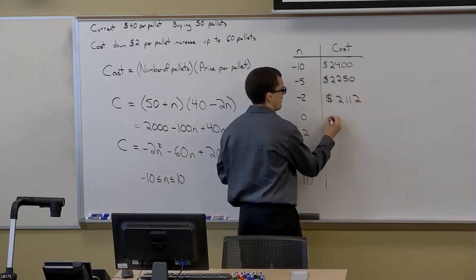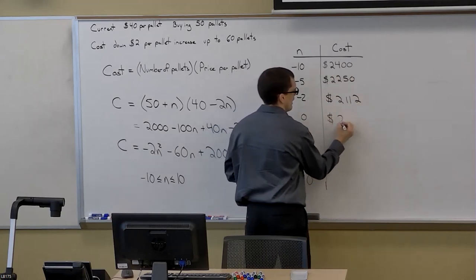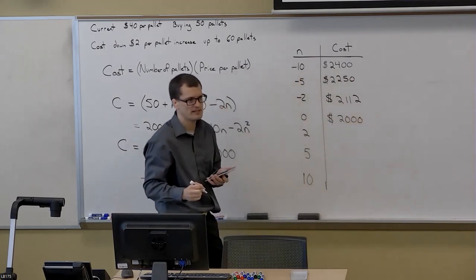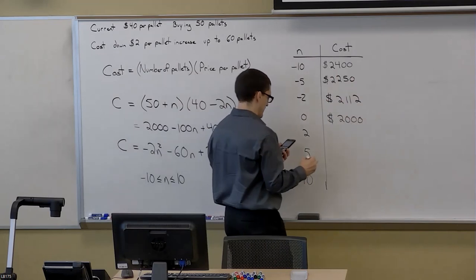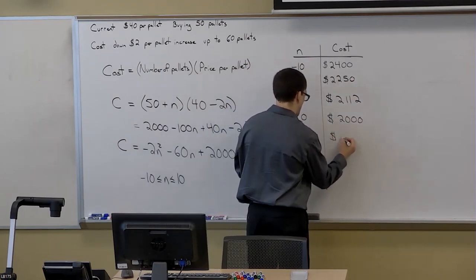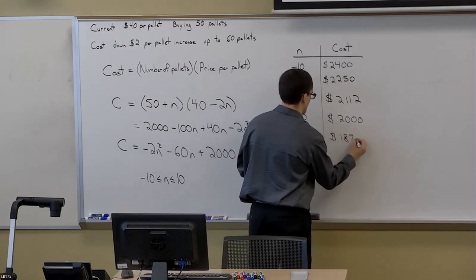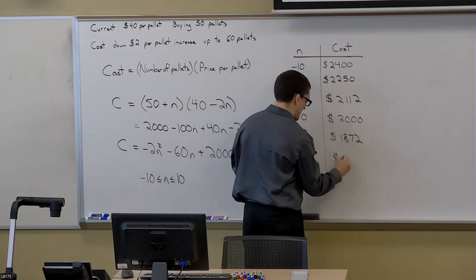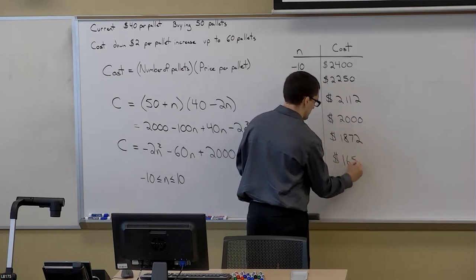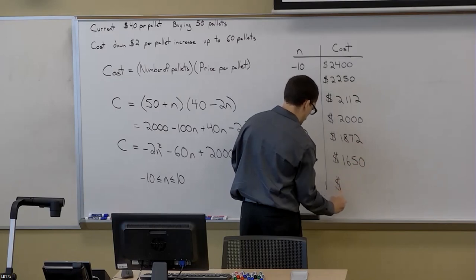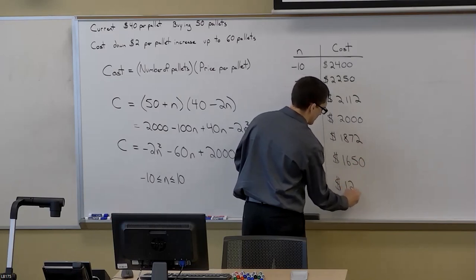When n is 0, I get 2,000. That's the 40 times 50 case. When n is positive 2, I get 1,872. When n is positive 5, I get 1,650. And when n is positive 10, I ended up with 1,200.